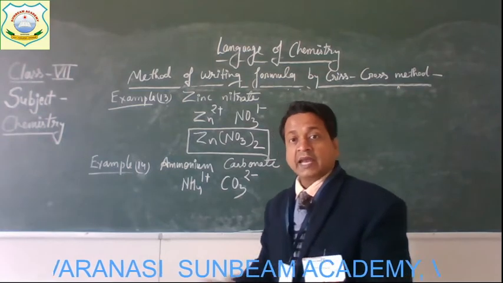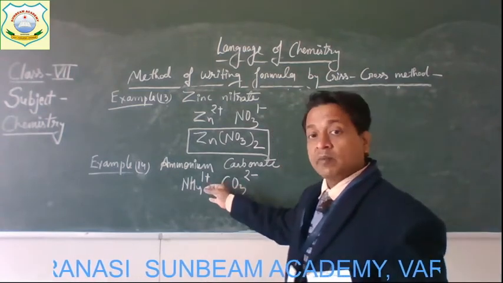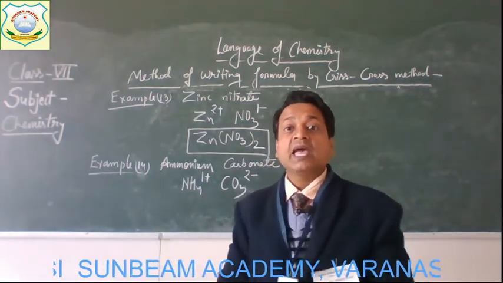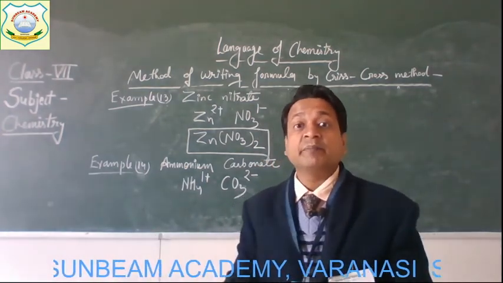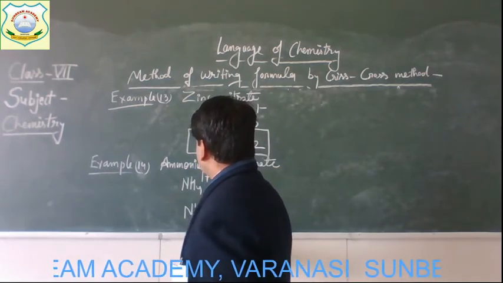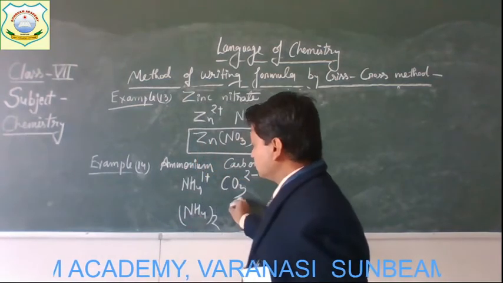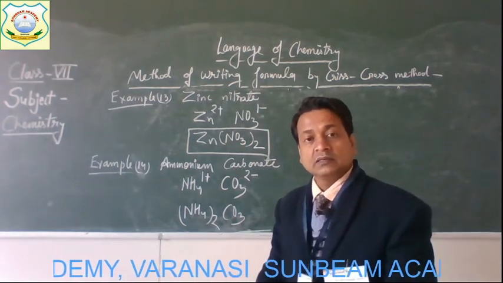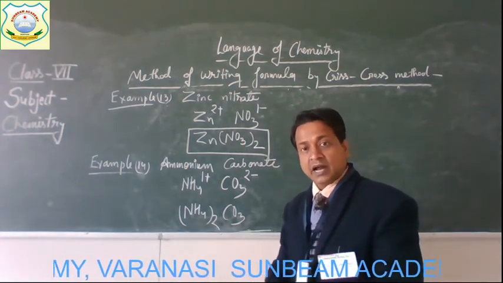Get it? And as you can see, there is nothing common in 1 and 2. So simply we'll cross the valency and put the ammonium in bracket. So the formula will be (NH4)2CO3. Get it, children? Understood?